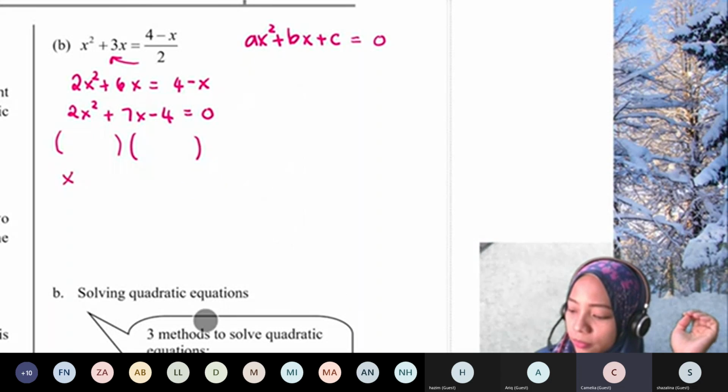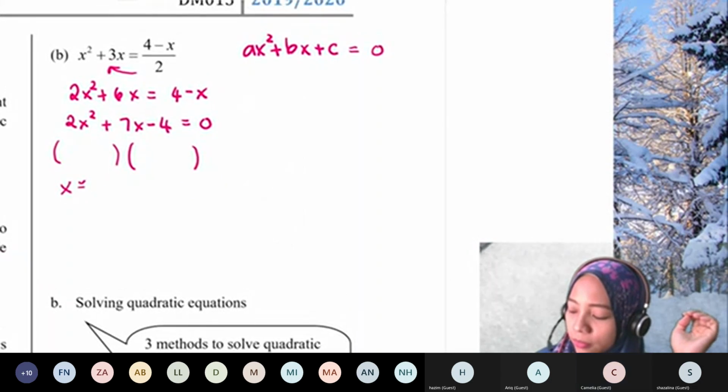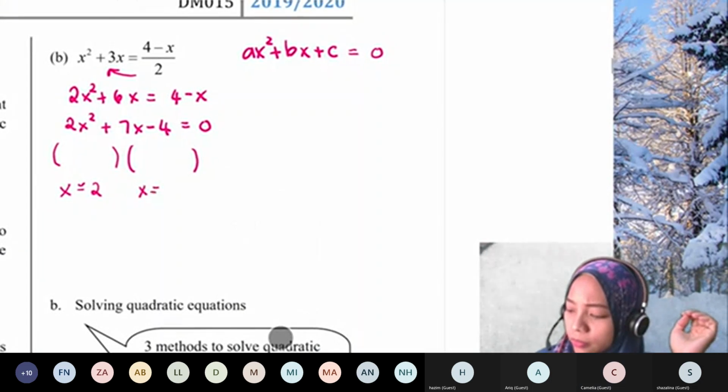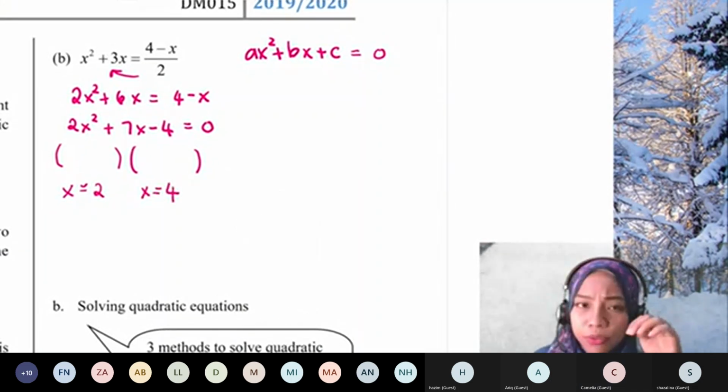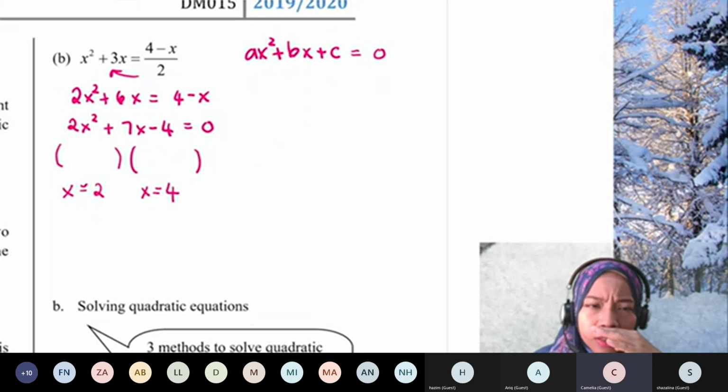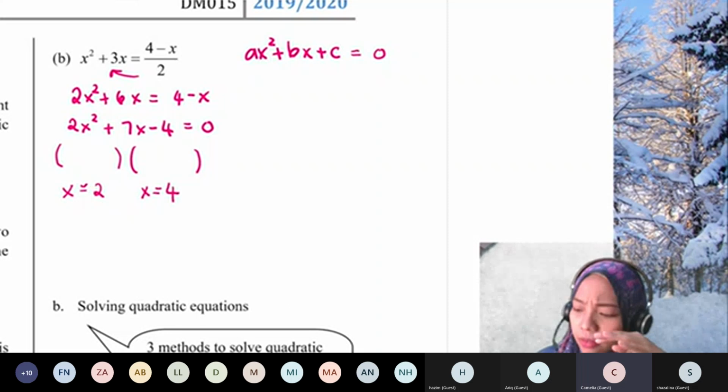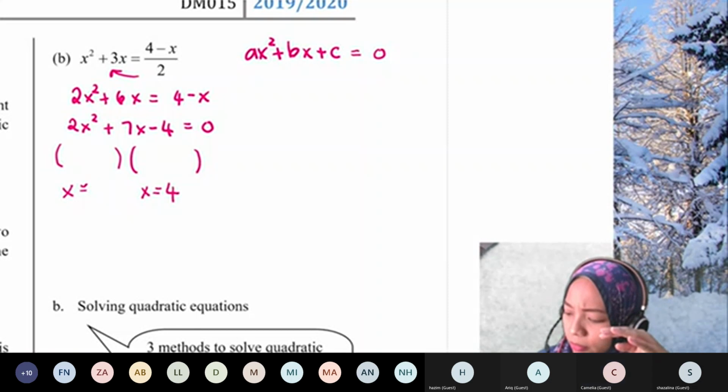And x plus 4. No, 1x. x equals 1 over 2. The other one is x minus 4.